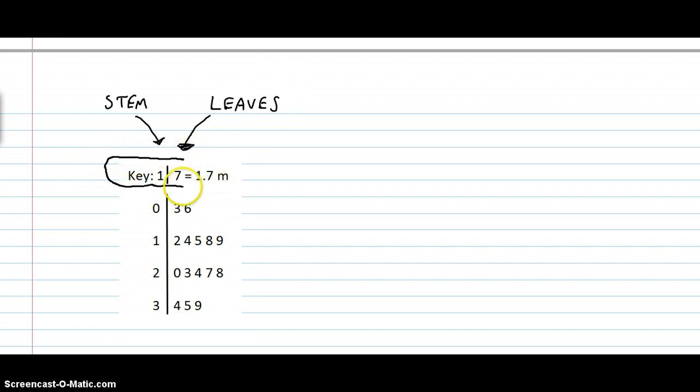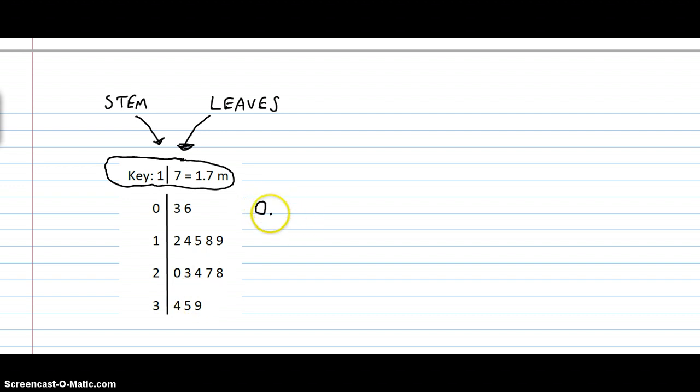What I've done here is I've rewritten the stem and leaf plot, but I've changed the key. So this time you'll notice that the key says a stem of 1 and a leaf of 7 equals 1.7 meters. So I've changed what the key represents. So that means that now the stem and leaf plot represents a different set of numbers.